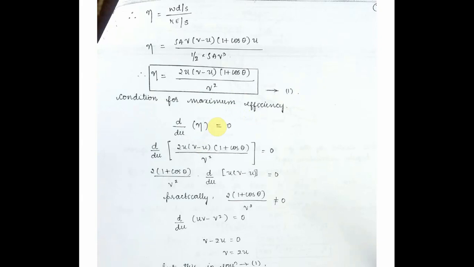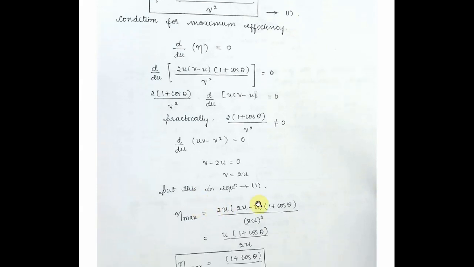Therefore d by dU of the expression, with the constant 2 into 1 plus cos theta upon V square removed, leaves U into V minus U equal to 0. Practically 2 into 1 plus cos theta divided by V square does not equal 0. Therefore d by dU of U into V minus U square is equal to 0.